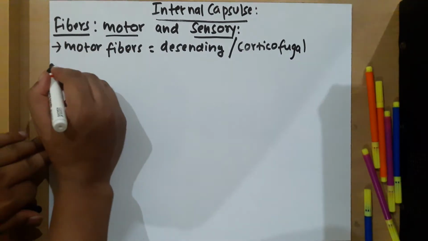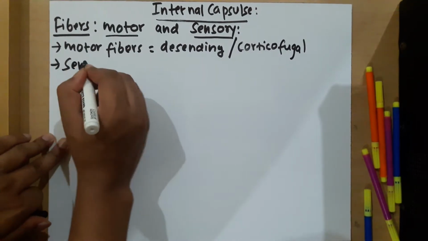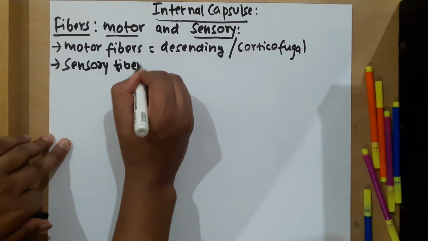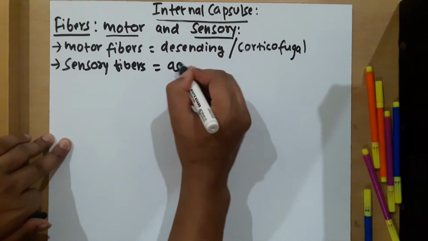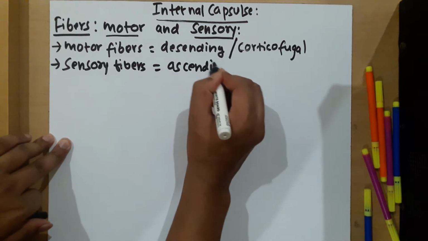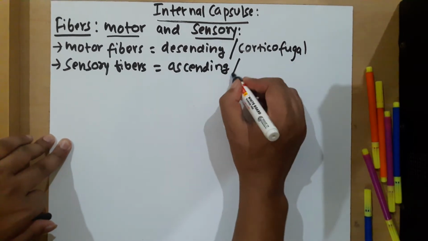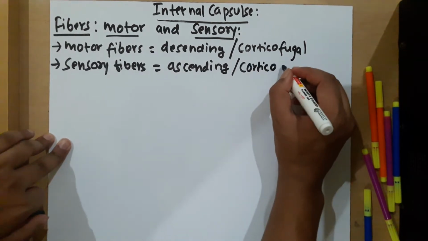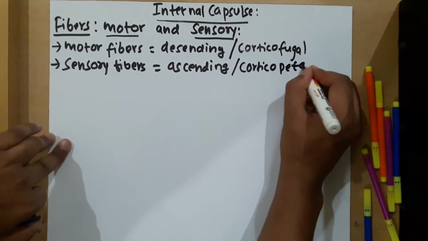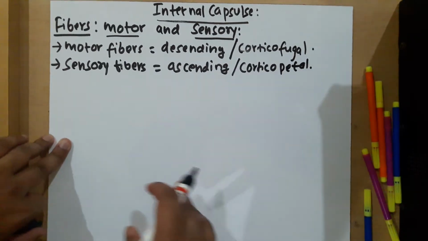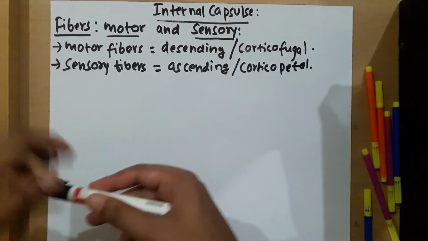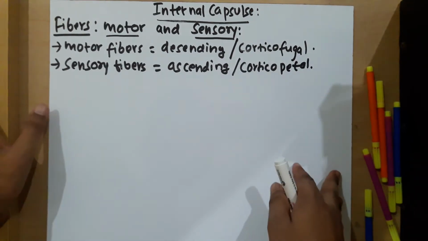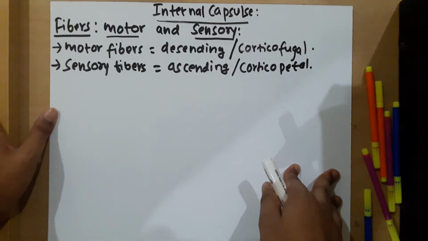On the other hand, sensory fibers are also known as ascending fibers, or corticopetal. So corticofugal and corticopetal, so you don't get confused when they say corticofugal fibers, they are the motor fibers.